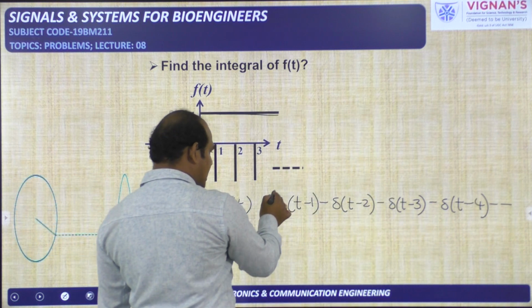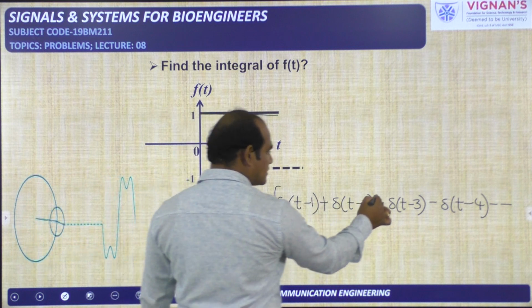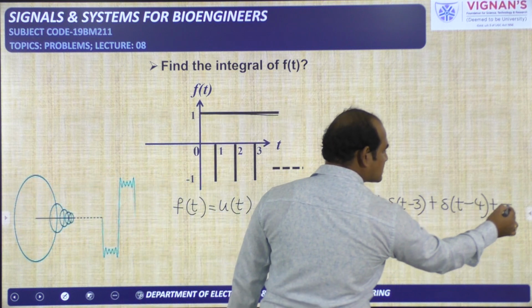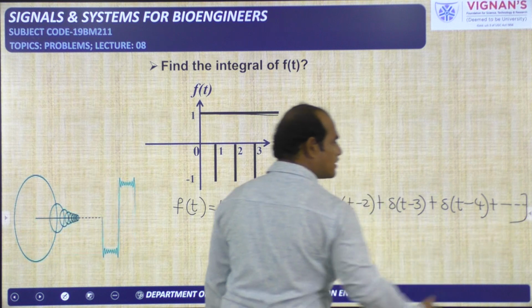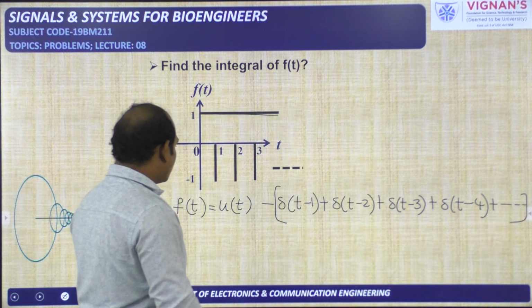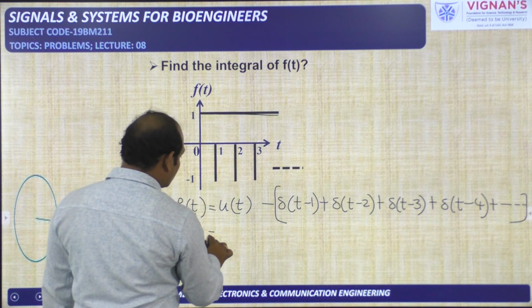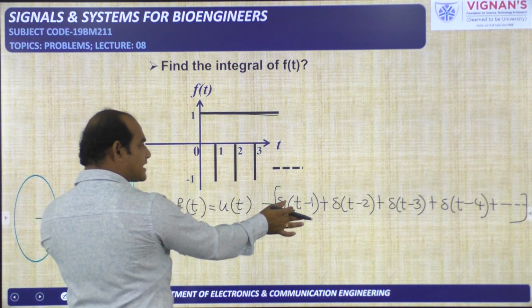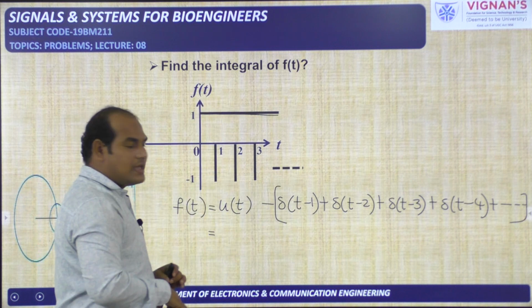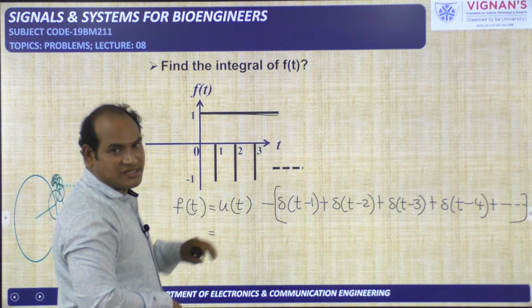If you take minus common, plus plus plus and so on. This is the mathematical representation for the given thing. Now we need to perform the integration for that one.